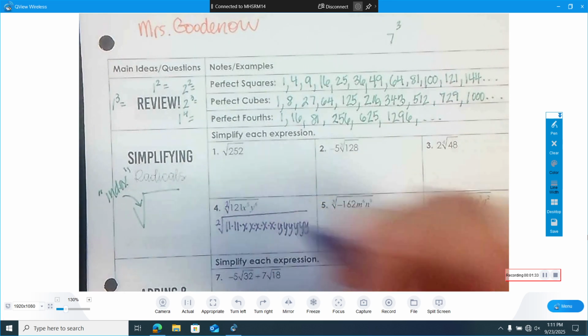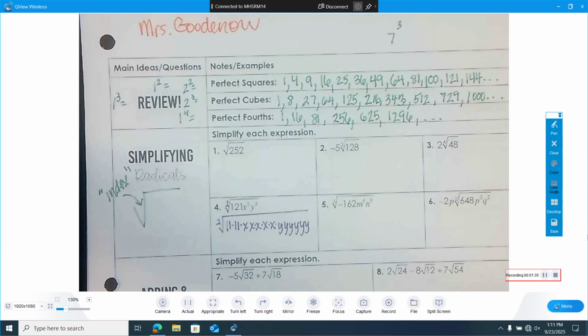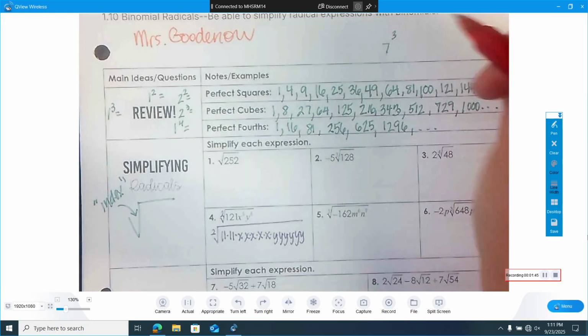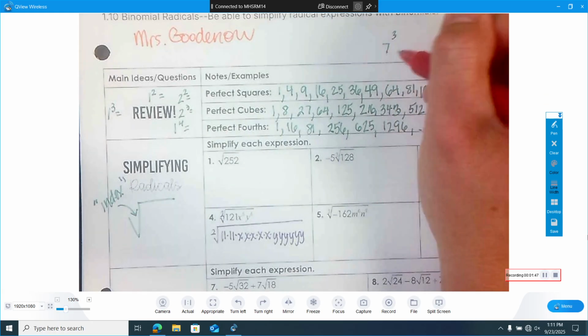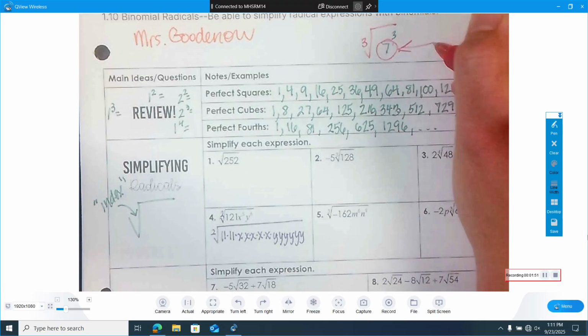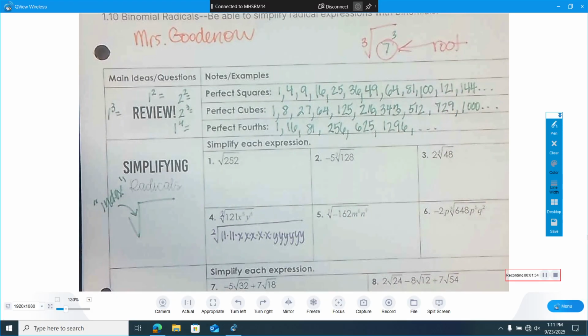Again, I'm showing you the long way first because I want you to really understand what's happening here. We are looking for the root, okay? When we have an exponent like 7 cubed, when we're taking the cube root, we are looking for the root number, the base, if you will, okay?